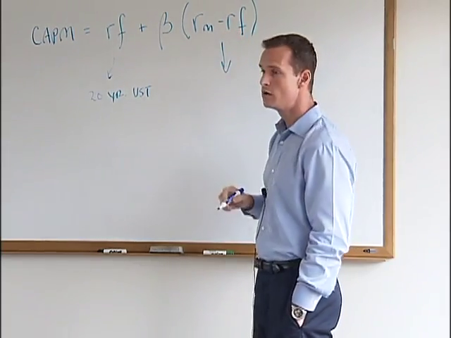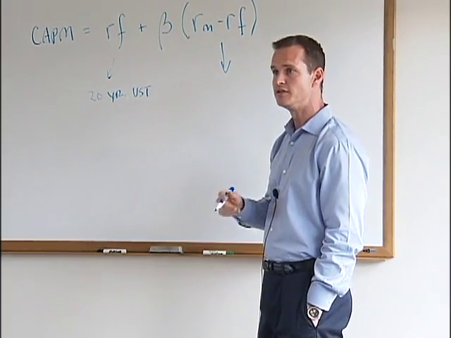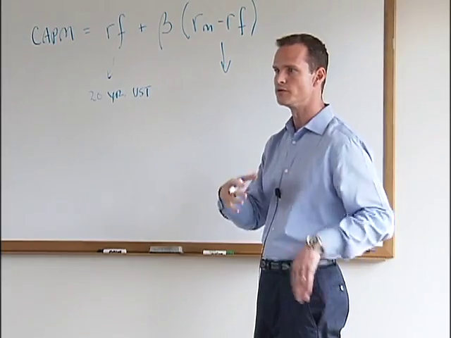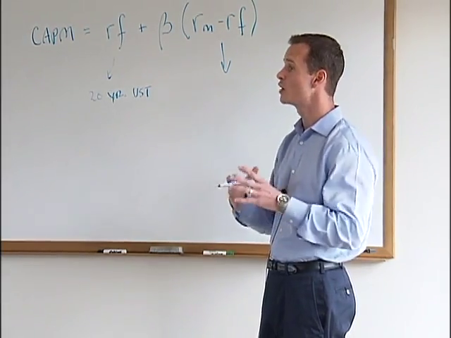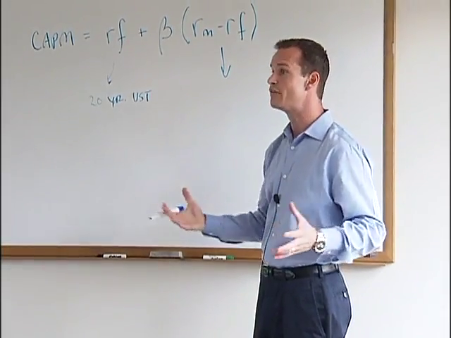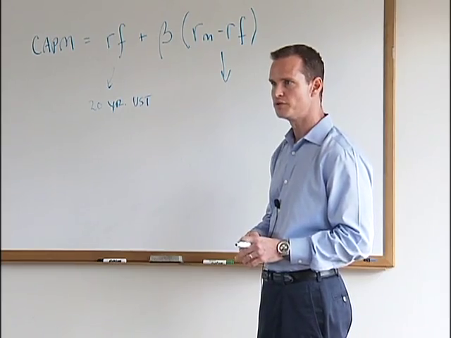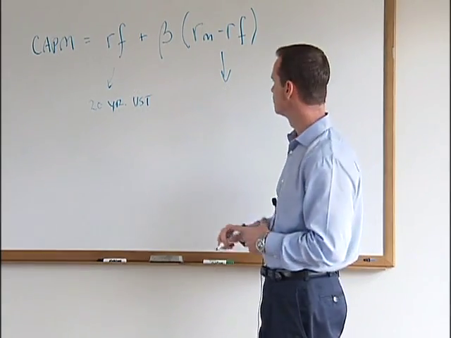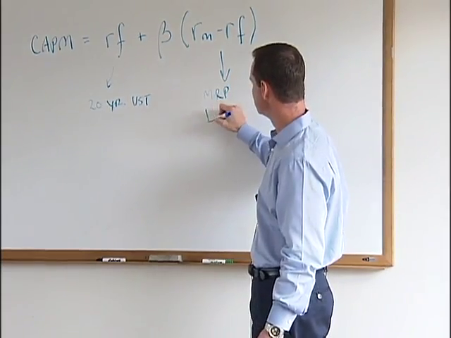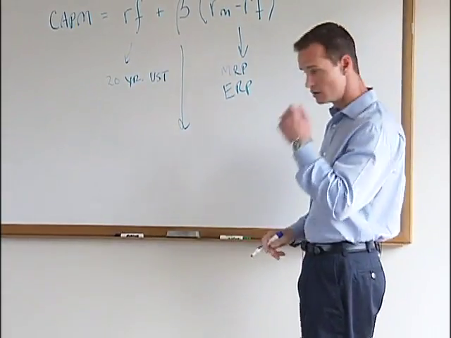This Rm figure relates to the return on the market, usually the S&P 500 or the NYSE index or some market index, basically saying if the market returns 7% over time and you can get 2% in a risk-free rate, that market risk premium or that equity risk premium would be equal to the difference, or in this case, 5%. So the last item, what's beta?